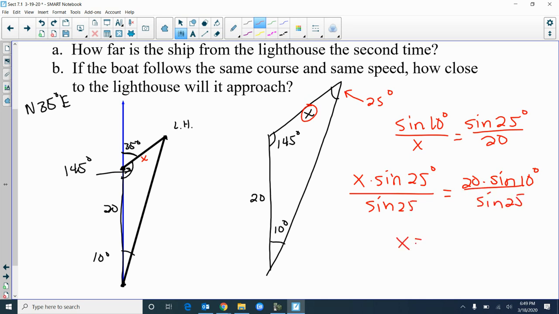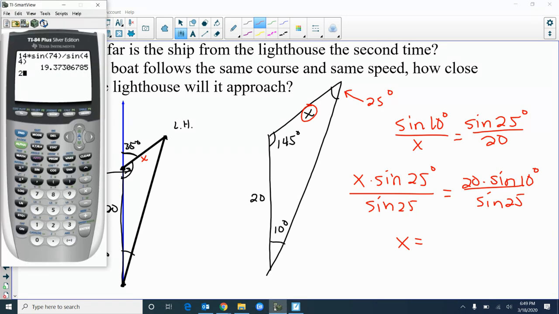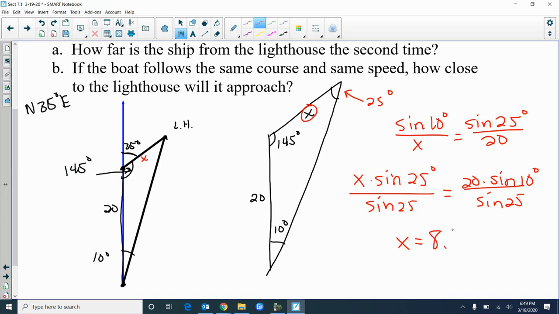And then you get x equals, what do we get for that? 20 times sine of 10, and then equals, and then divided by sine of 25. So I get 8.2. So we're just going to keep it at 8.2 miles.